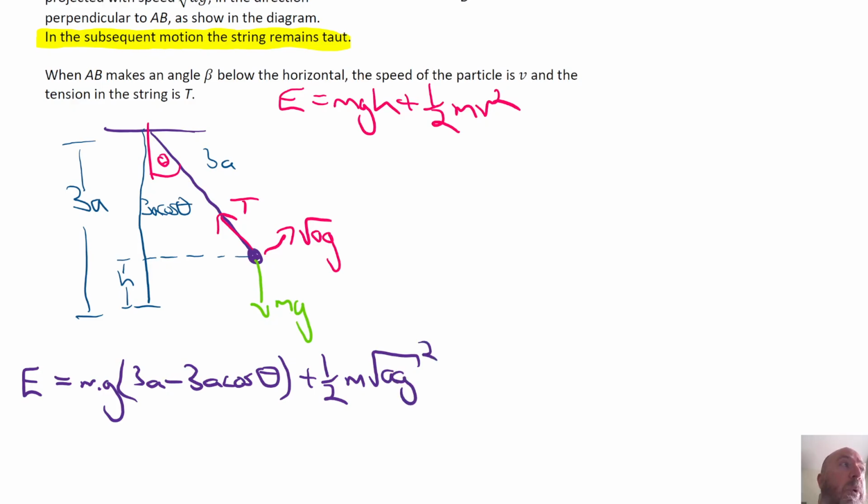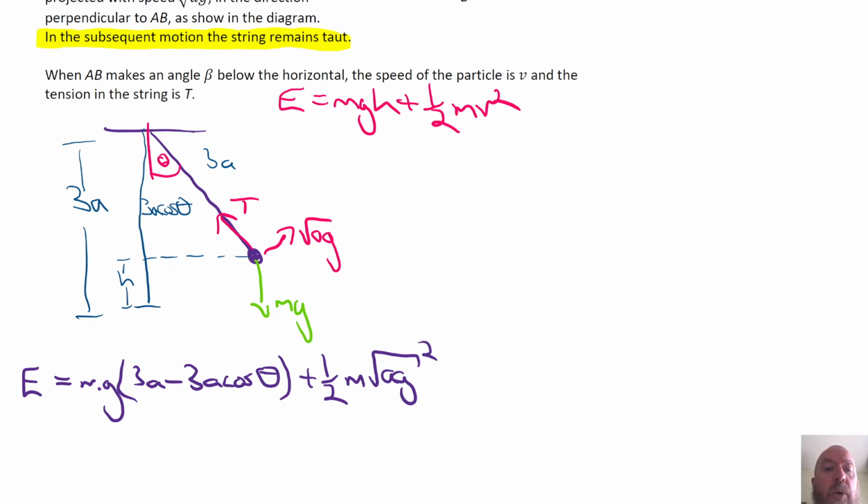And I know we know some of that stuff, but I'm just going to leave it the way it is so we can see where everything is. And then when we equate it with our second situation, we'll figure it out. So this is our starting situation. We have our height above our minimum point of minimum potential energy, which is 3a down, which is fine.